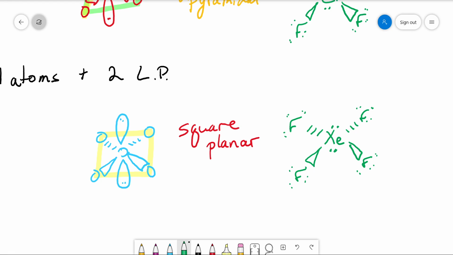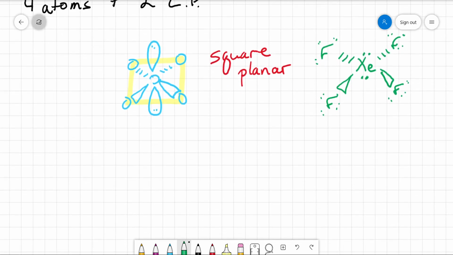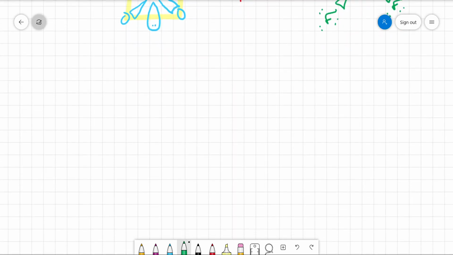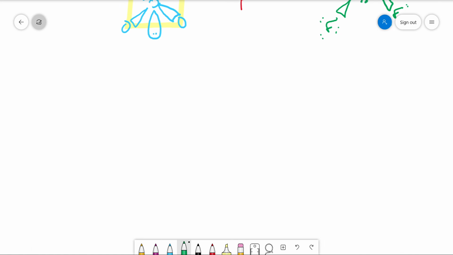And we have one last shape we're going to talk about. So 3 atoms, 2 lone pairs. Oops, I'm sorry, 4 lone pairs.